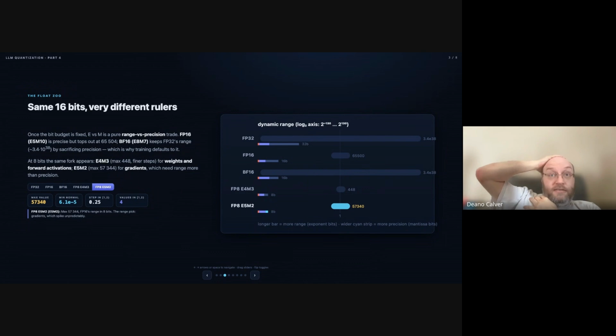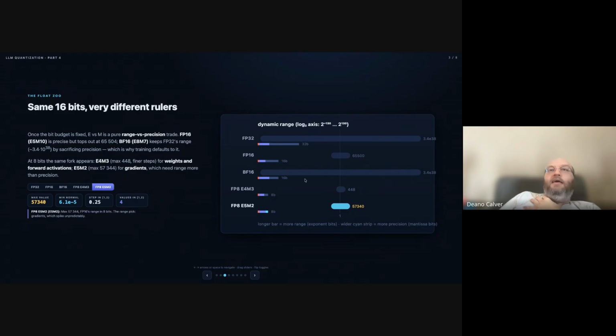But pretty soon, as the hardware started to shift to AI, people realized that this really wasn't the best way. And so we got BF16, Brain Float 16, I think Intel christened it. In this case, they looked at how the numbers are used, and they realized that if you're going to have 16 bits, it's much better to have more exponent than mantissa.